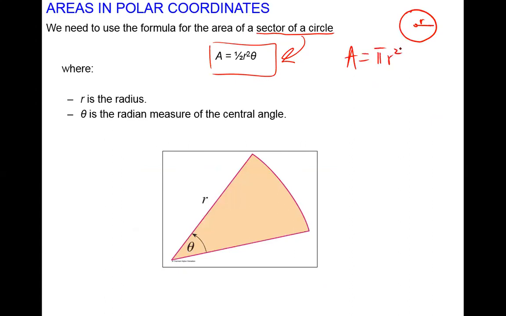Pi r squared. Excellent. Right? We can see this is the formula for the entire circle, and r squared. I'm trying to make sense of that formula. Always we will square the radius.